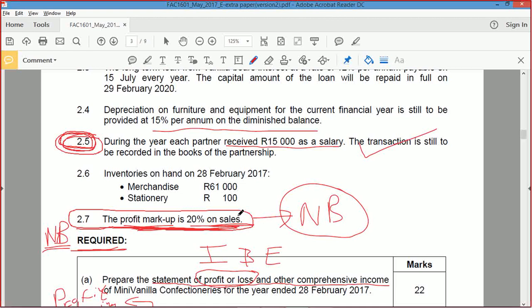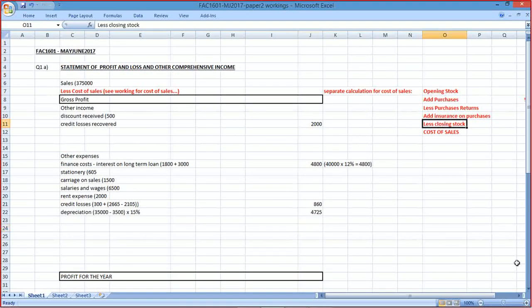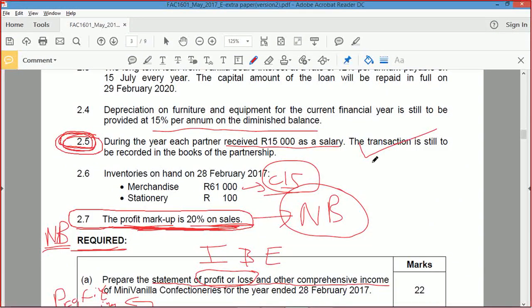Won't you adjust it on trade receivables? No, not trade receivables. What's happening here? It's stock, right? Yes. Okay, so this is inventory on hand. Merchandise is stock. 61,000 is what? My closing stock. Okay, earlier we spoke about closing stock. Now I've got it. I'm going to put 61,000 there because that's my closing stock.